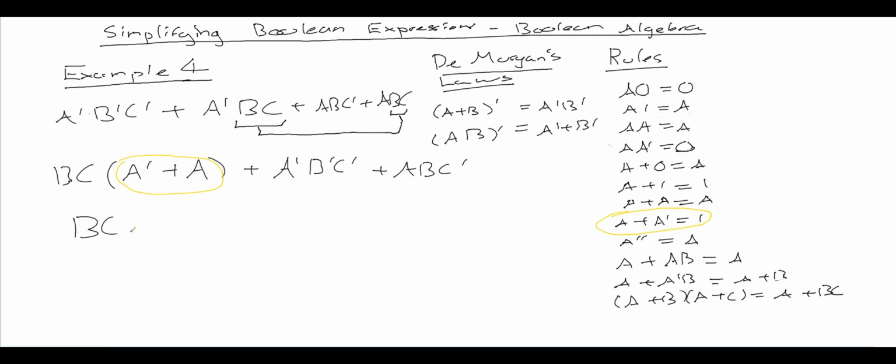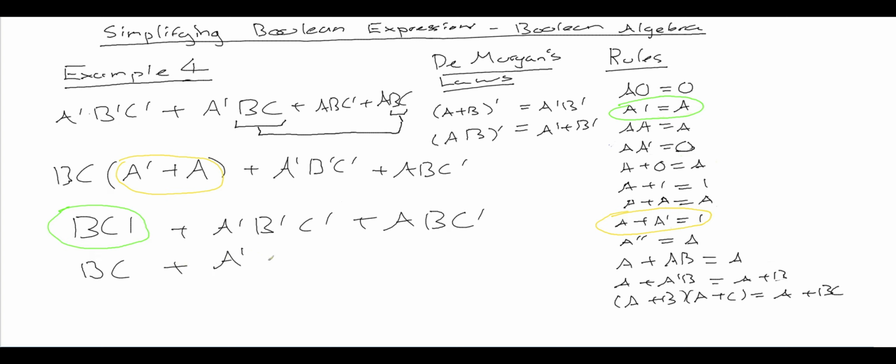So you get BC and 1, or not A and not B and not C, or A and B and not C. We've then over here got an occurrence of this rule. So anything and 1 is just that thing, and if we apply that, then we get BC or not A and not B and not C, or A and B and not C.